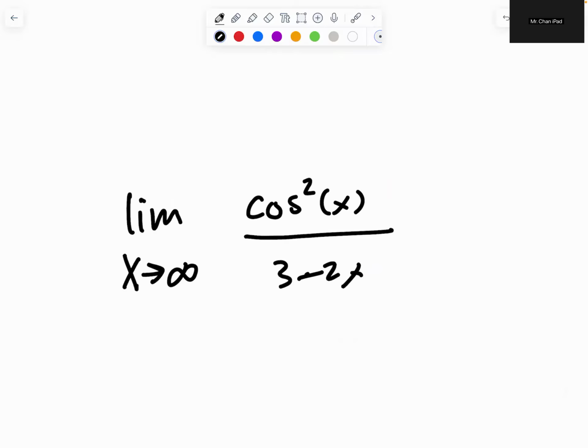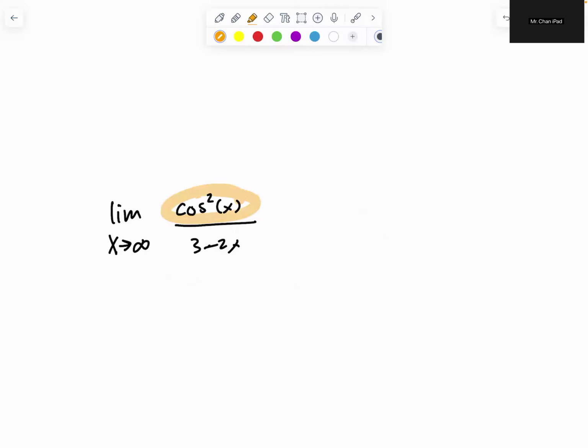So what do we do? Well, the reason why I said that you are likely going to see some trig functions, especially sine and cosine, is because they have boundaries. So think about this. What's the upper bound and lower bound for cosine of x? Cosine of x could go as high as 1 and as low as -1, but cosine squared, what about cosine squared?